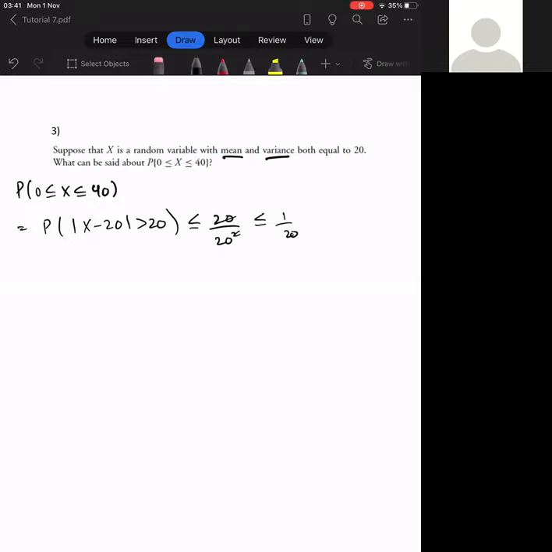We want the difference to be less than 20, so these signs are going to flip, and we'll have 1 minus 1 over 20, which is just equal to 19 over 20 as our final answer.